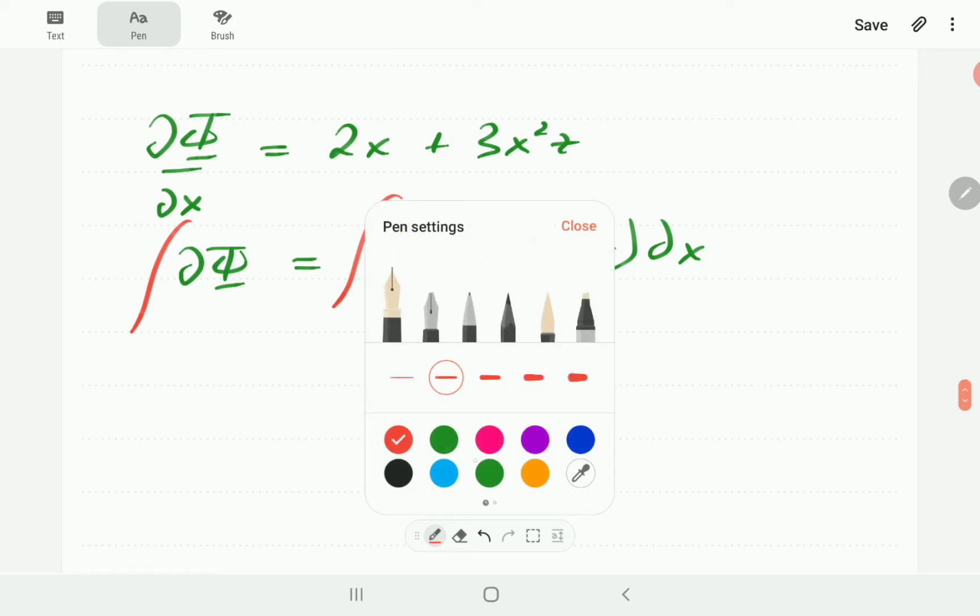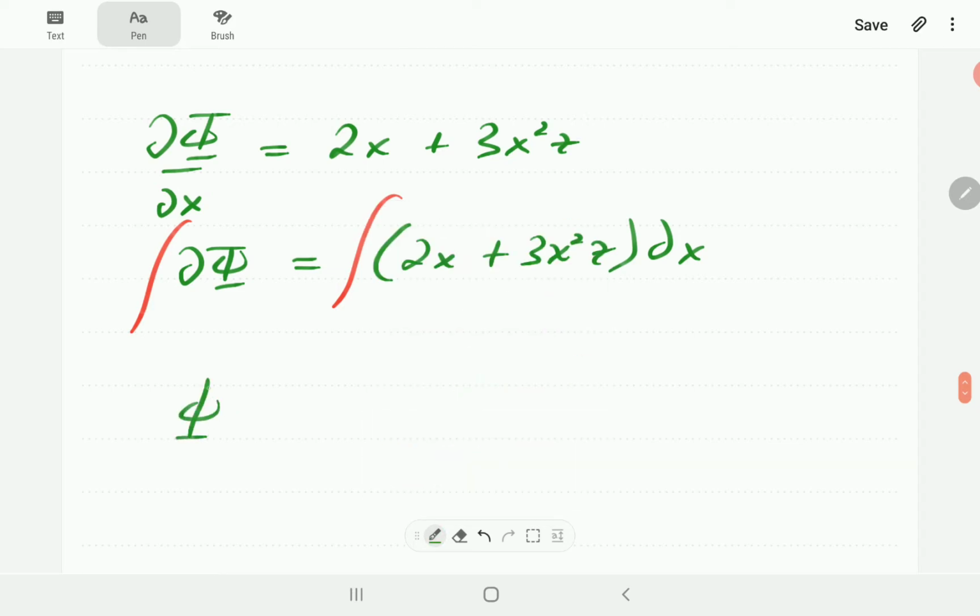On the left hand side, this is going to give us phi. Remember that phi is a function of x, y, and z. Then here we're going to integrate this with respect to x, so we consider everything else a constant. The only variable that's happening here is x, just like we do if we're differentiating partially. So the first term is going to integrate to x squared. The second one is going to integrate to x cubed z.